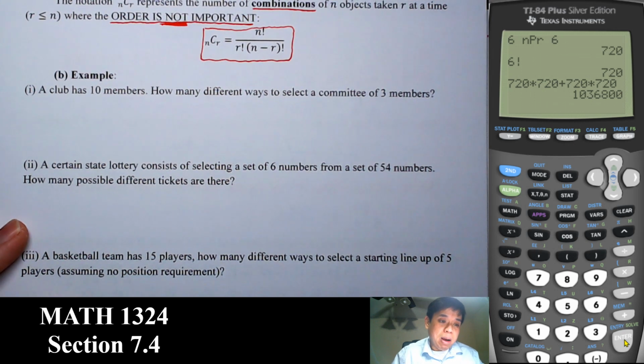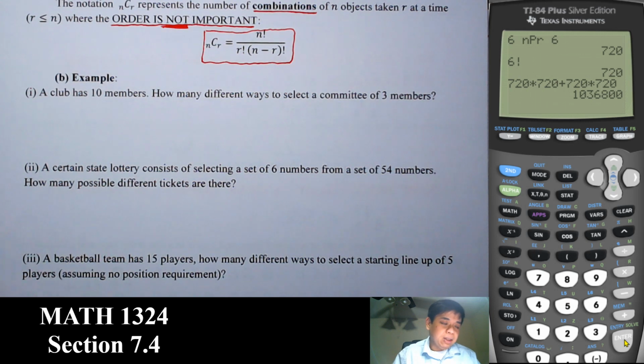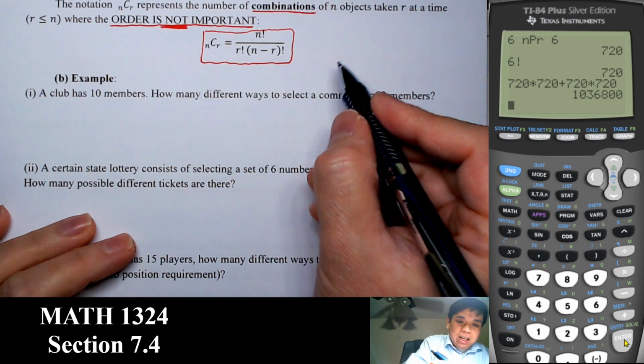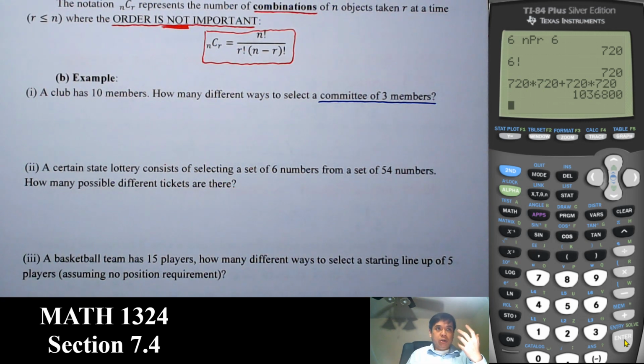A club has 10 members. How many different ways to select a committee of 3? So now you see a difference here, right? This is a committee of 3, so the roles in the committee are interchangeable.